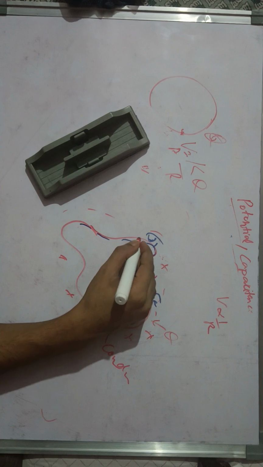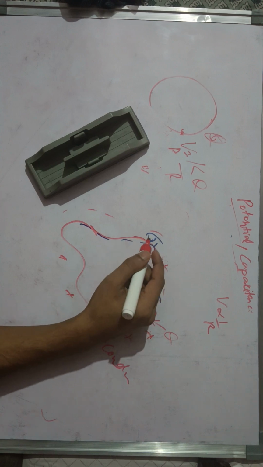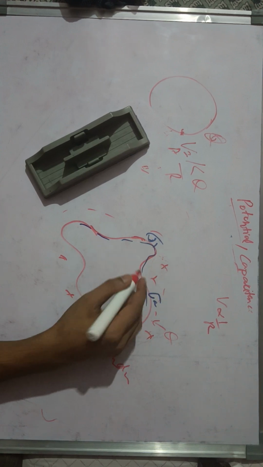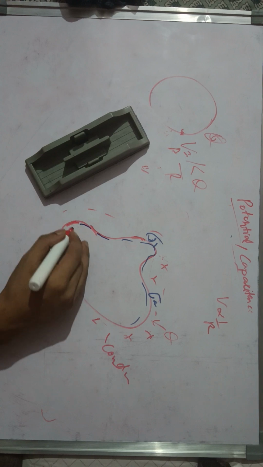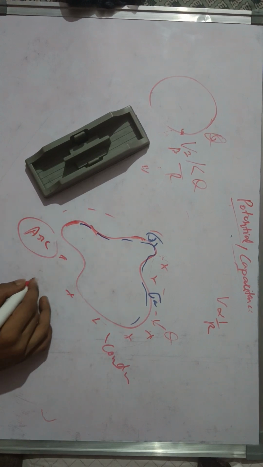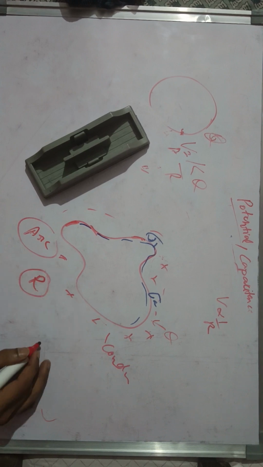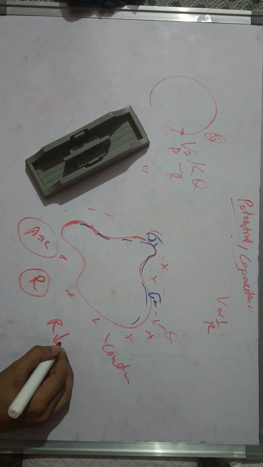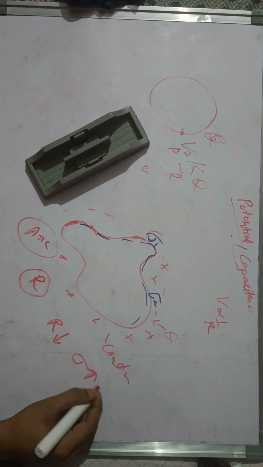And where the radius is small, let's say this surface is like an arc with some radius of curvature r. The lesser the radius of curvature, the greater the sigma.